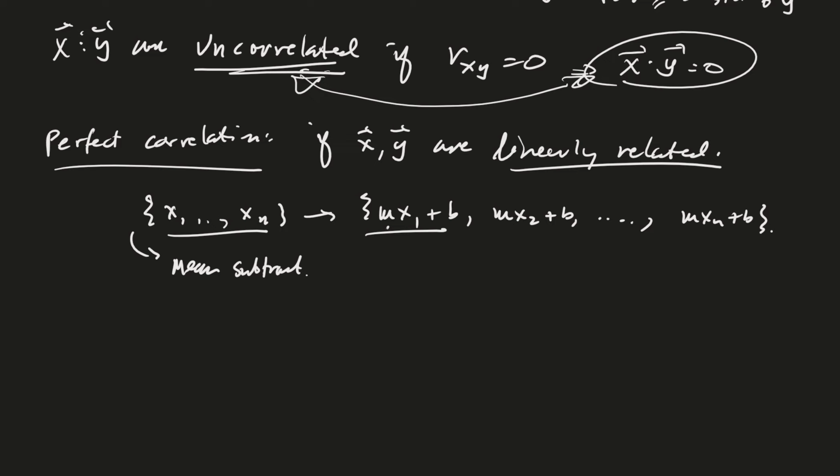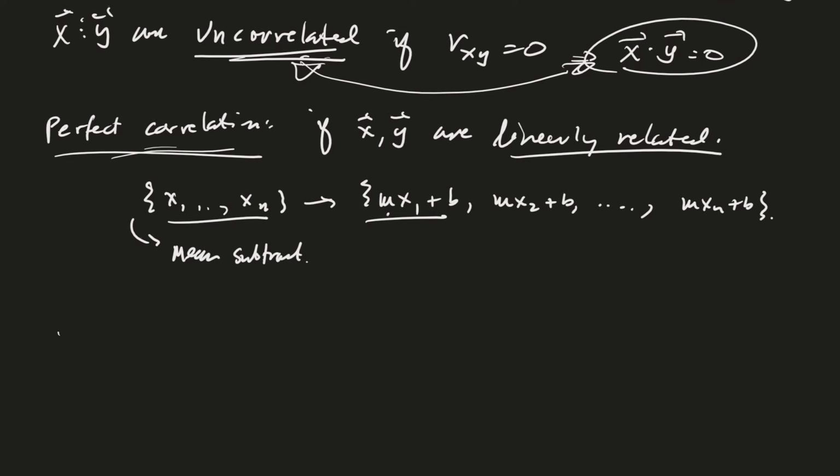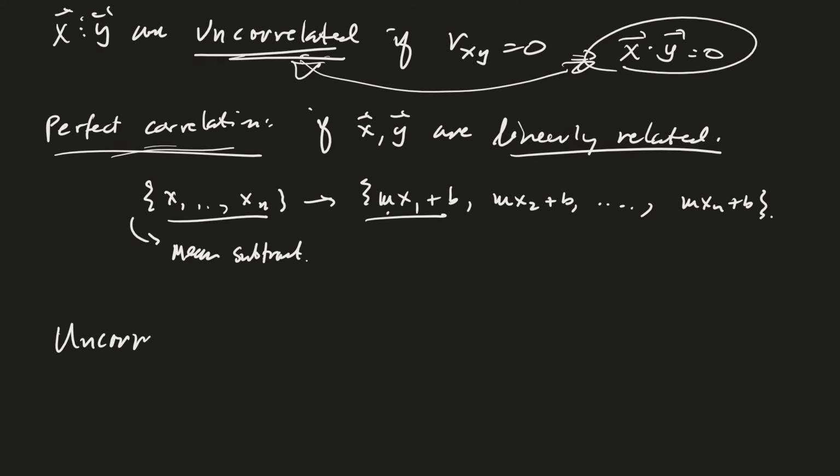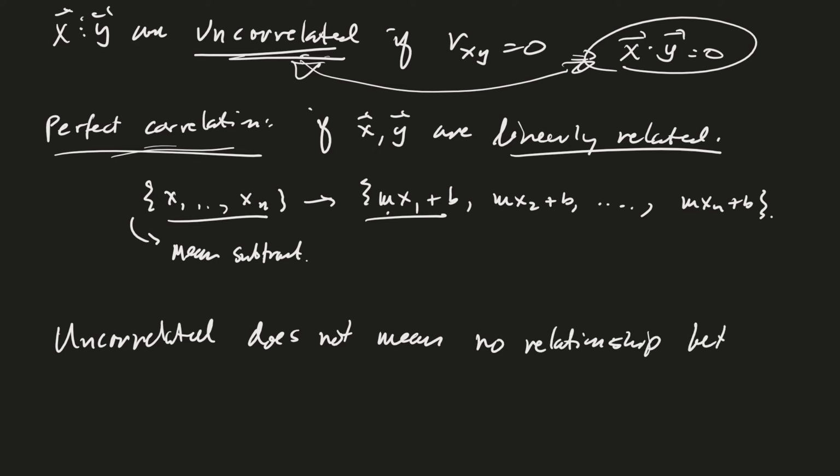Now it is true that uncorrelated does not necessarily mean that there's no relationship between the two vectors. So uncorrelated does not mean no relationship between the data sets.